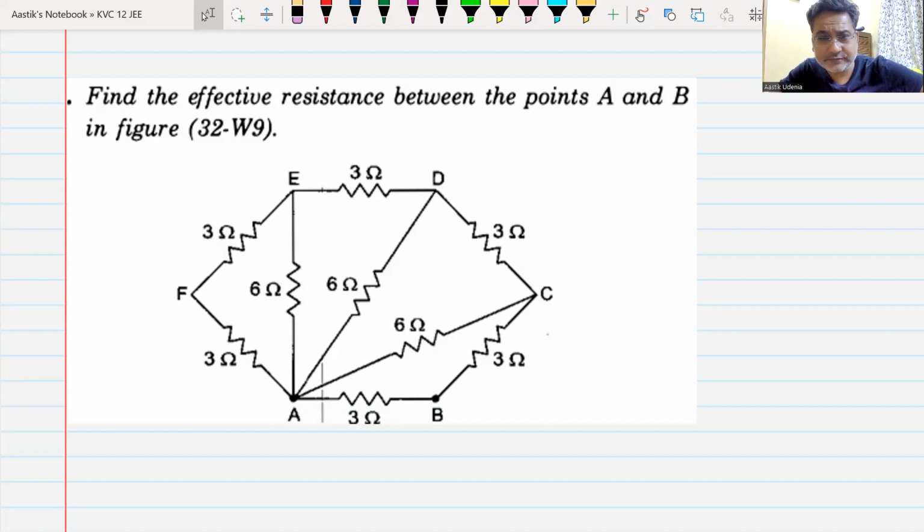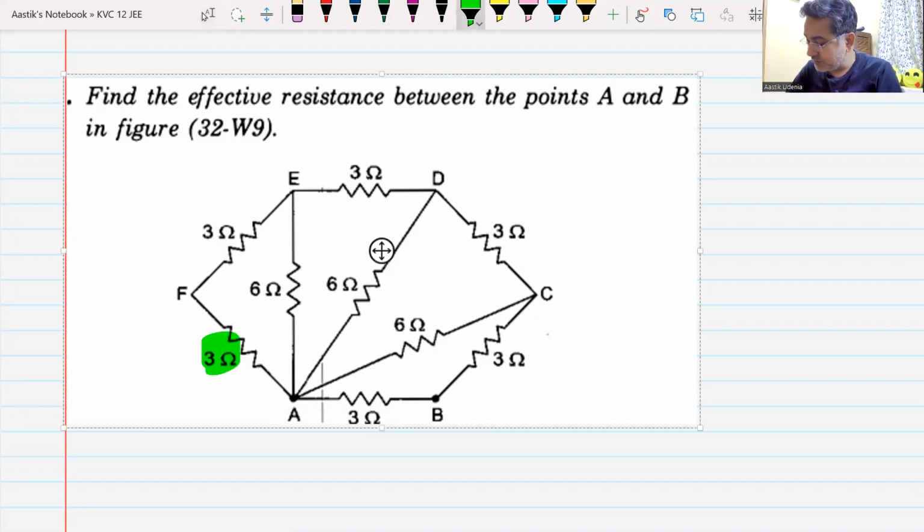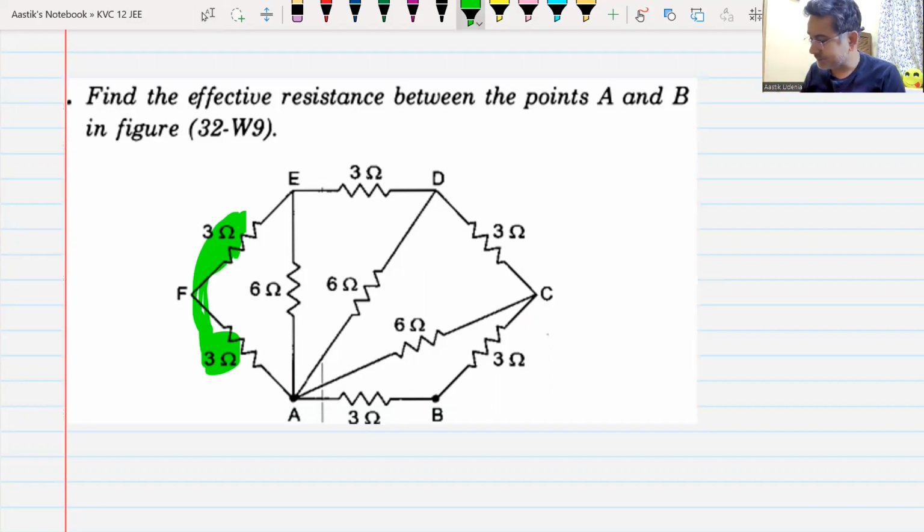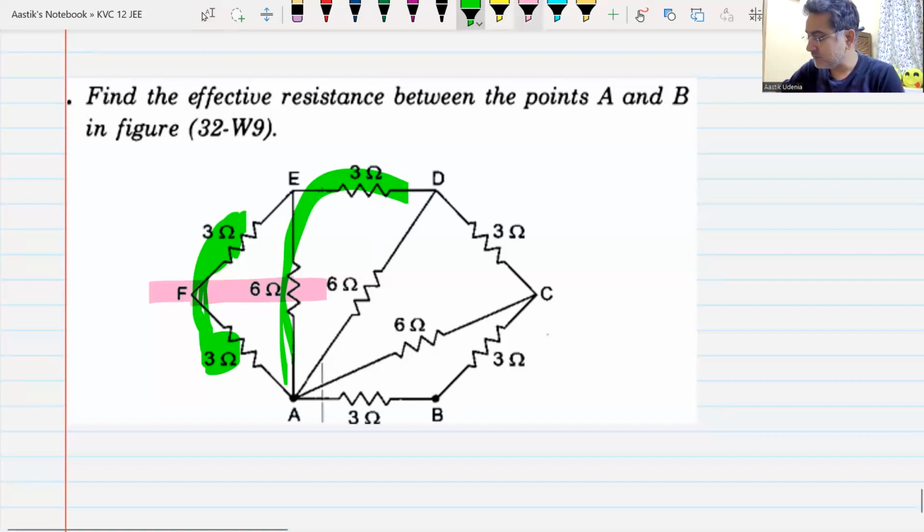Sir, we got 2. Well done. How are you supposed to do this? 3 and 3 in series becomes 6. 6 and 6 in parallel becomes 3 again. 3 and 3 in series becomes 6 again. 6 and 6 in parallel becomes 3 again.